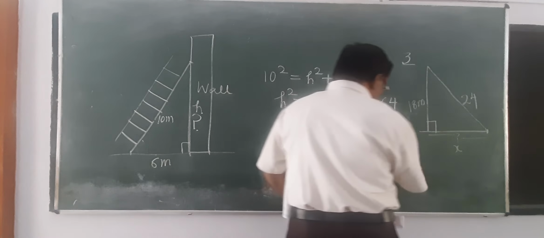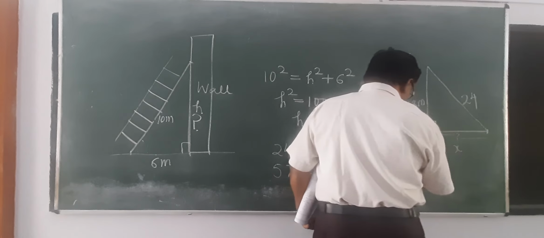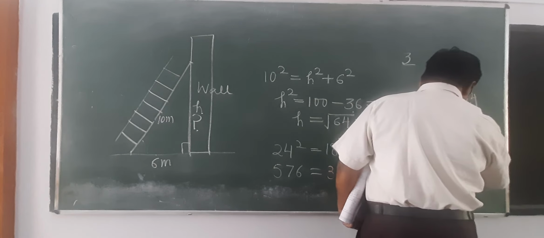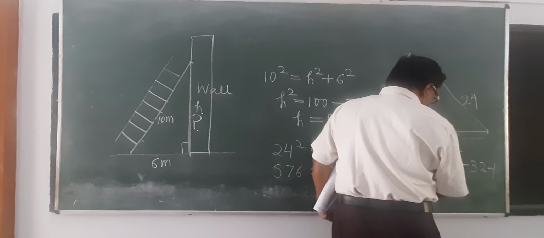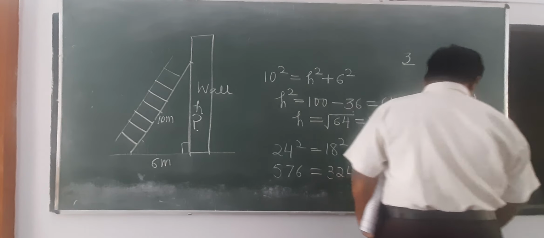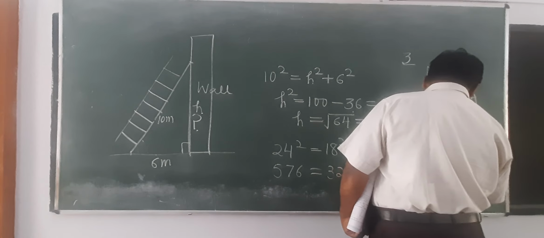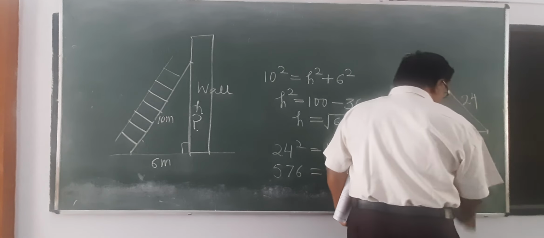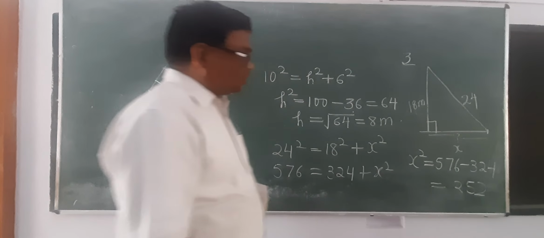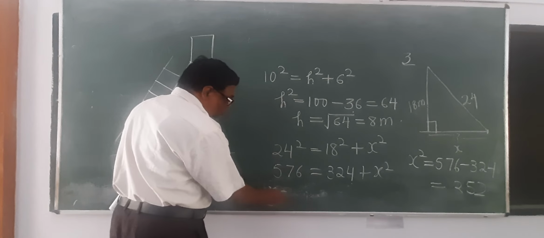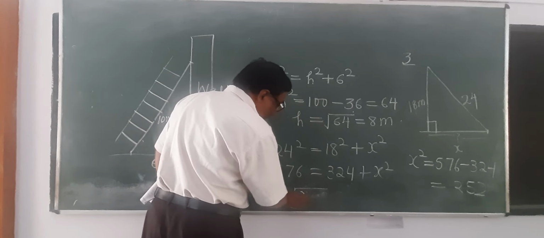So what is x square here? 576 minus 324. That is equal to 252. It's clear? So what is x? x equals to square root 252.